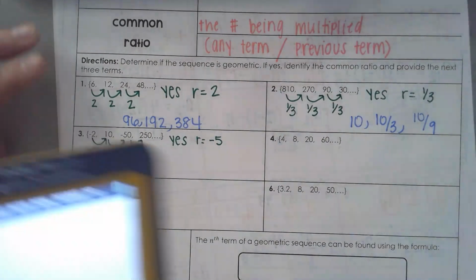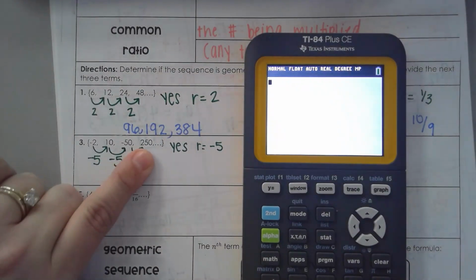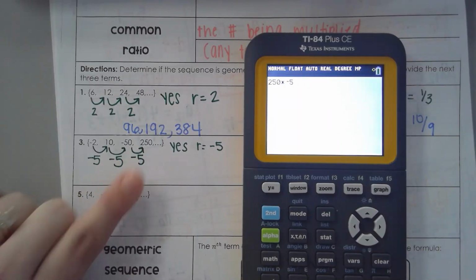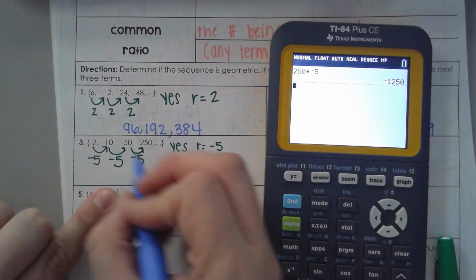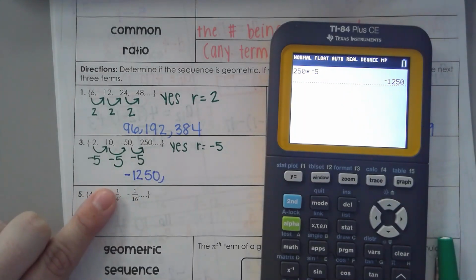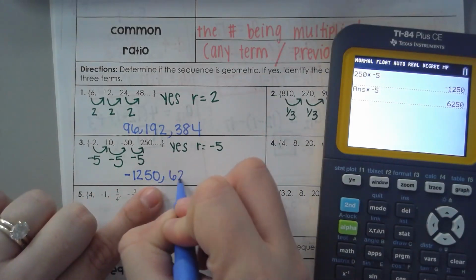So how am I going to find my next three terms? Keep multiplying by -5. So 250 times -5, negative, gotta be careful, times -5. Just keep going back and forth just like that.